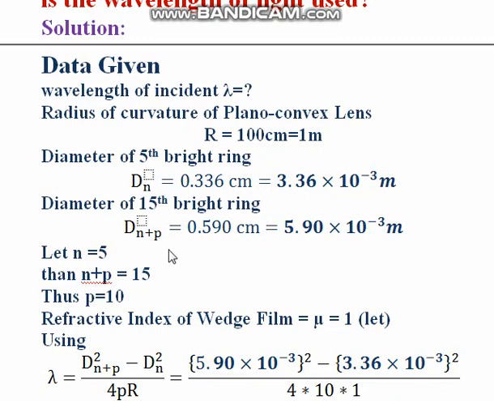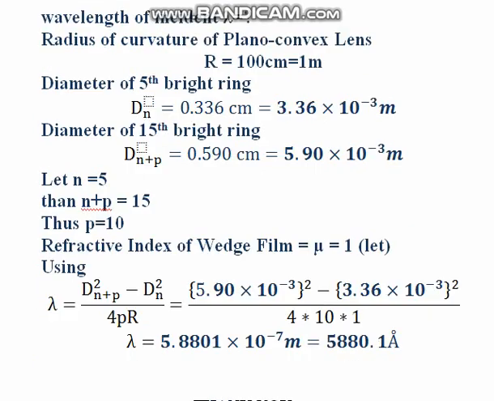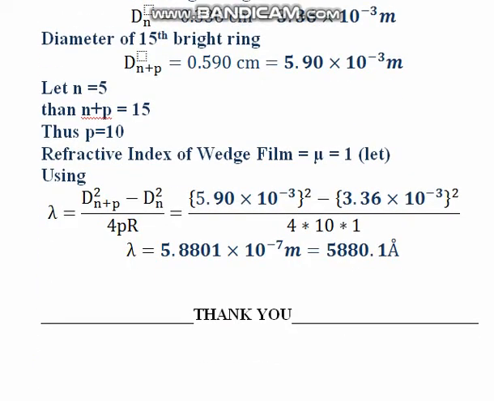Then n is equal to 5 and n plus p is equal to 15, so p is equal to 10. Let the refractive index of the film be 1. Now apply the formula lambda equal to dn plus p square minus dn square over 4pr. By putting in the values we can calculate the wavelength of light used. Thank you.